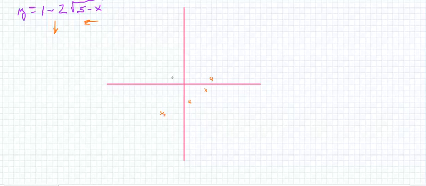And then I should be able to do 16. So I go over 16, the square root of 16 is 4, and 4 times 2 is 8, so I go down 8. And my graph looks like this.